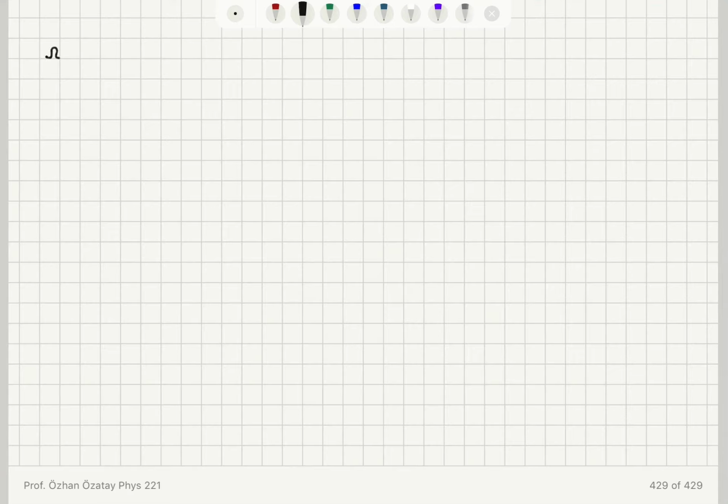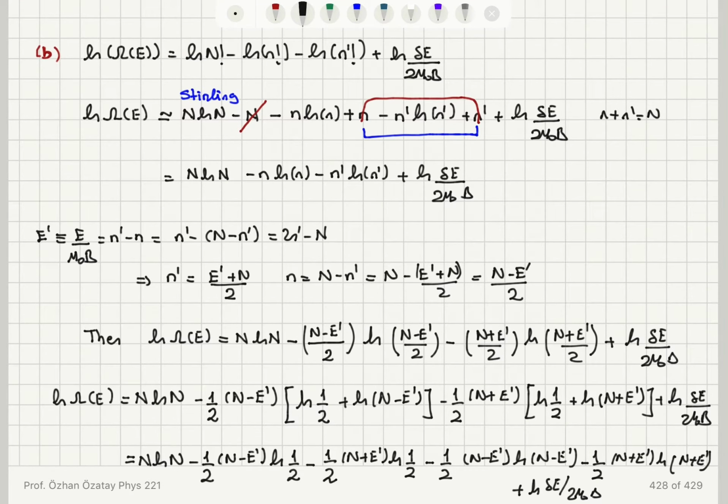So this becomes n ln n minus n ln 1 over 2, because we had 1 over 2 n's in the summation, so there is 1 here, 1 over 2 n, there's 1 over 2 n here, and 1 over 2 n here.